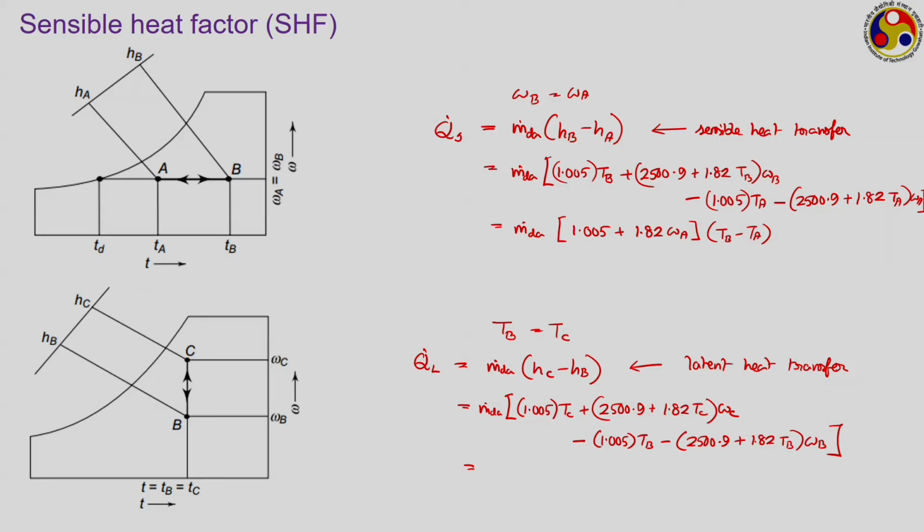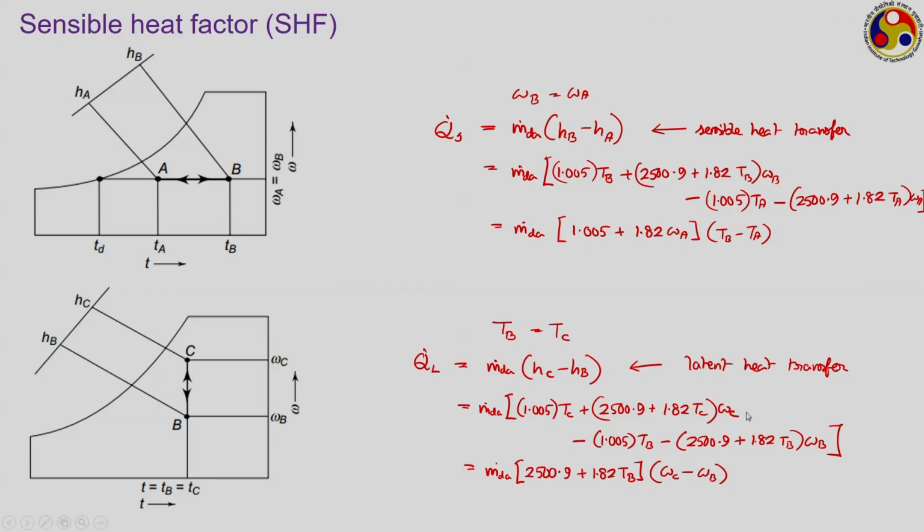So 1.005 into temperature cancels out, and accordingly we can write this as m dot dry air into only the latent heat part, 2500.9 plus 1.82 T B, into omega C minus omega B. So this is the corresponding latent heat transfer, the way we can calculate it for such processes.